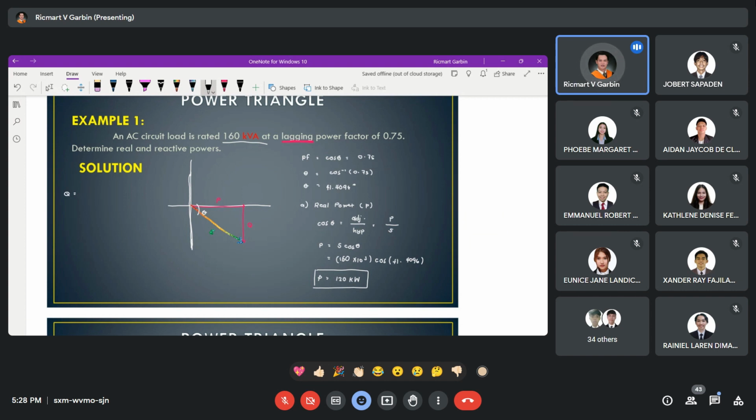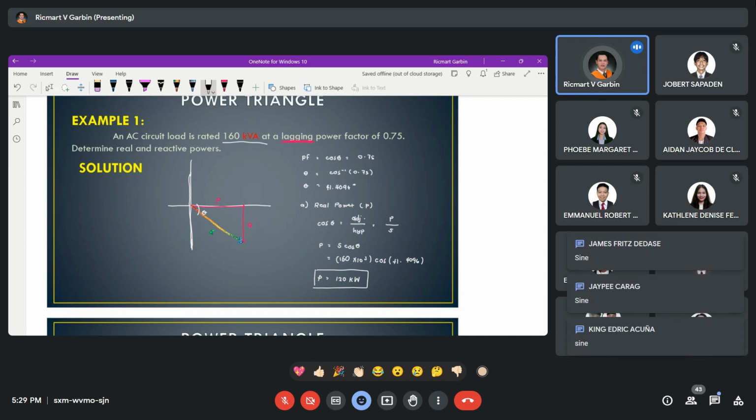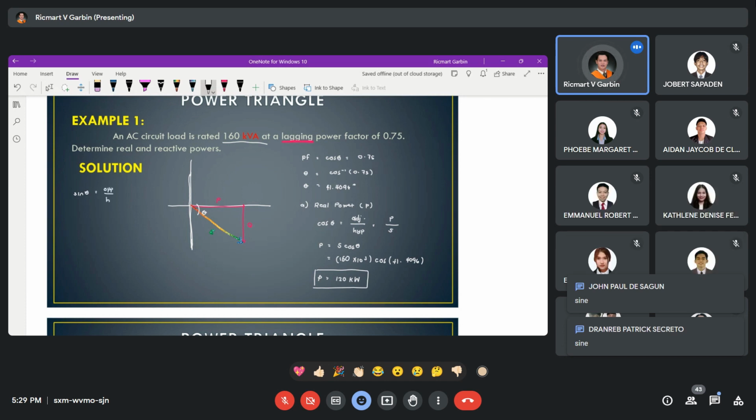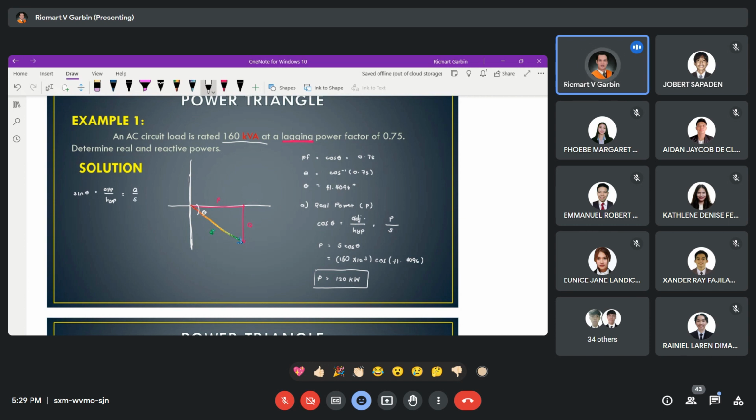So ano yung involved ang Q at S? So now ang Q natin is the opposite. So ano ang trigonometric identity na merong opposite at saka hypotenuse? Okay, so we have sine. So we have sine theta is equal to opposite over hypotenuse, which is Q over S.